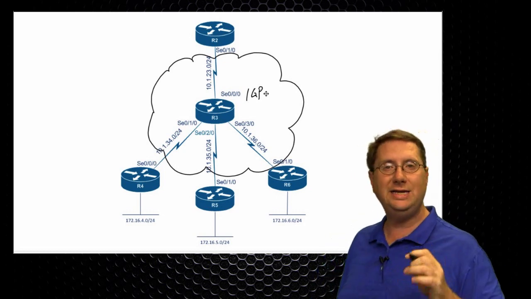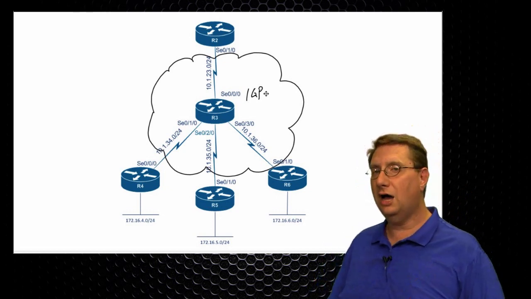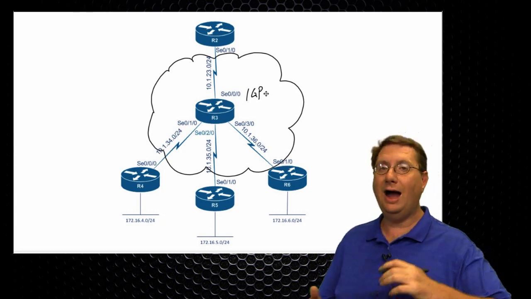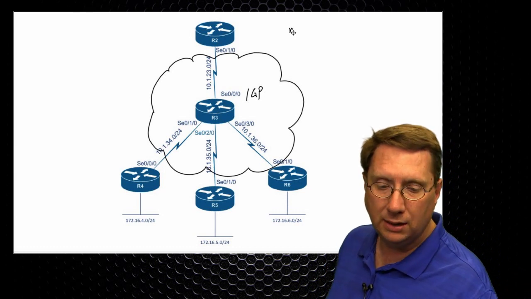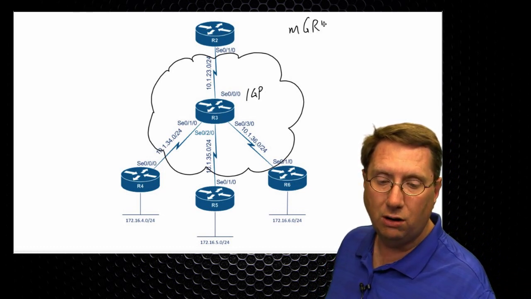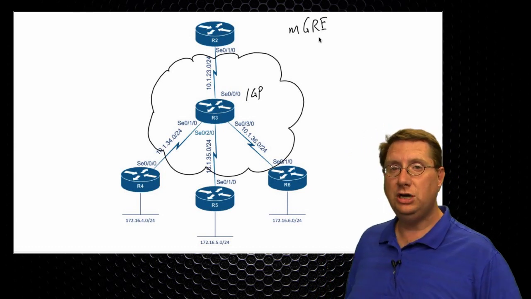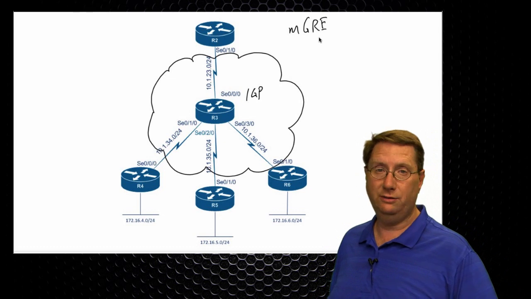In DMVPN, we're going to be using a special type of tunnel that's going to be terminated on either or both ends as what's referred to as an mGRE. That stands for multi-point GRE interface or GRE tunnel, so generic routing encapsulation interface.